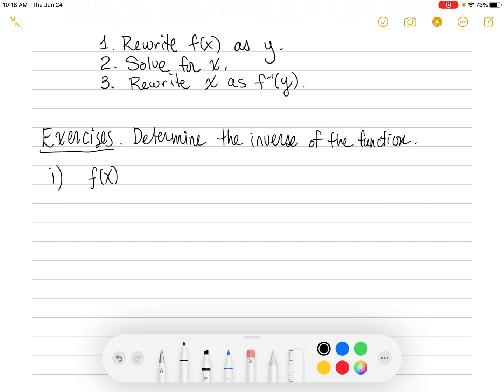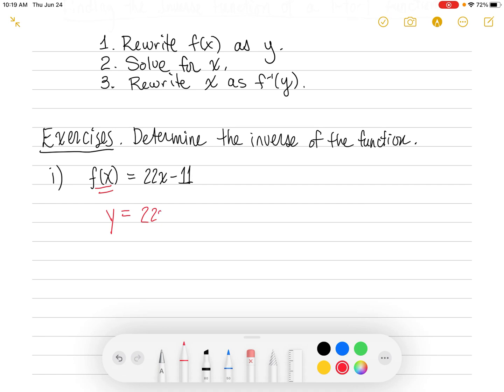Okay, so I'll start with simple linear functions. These are actually really easy to do to find their inverses. We're going to start off with 22x minus 11.